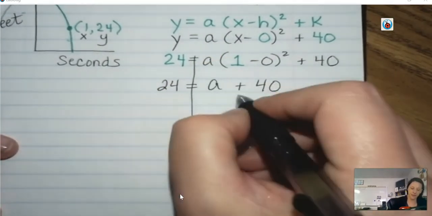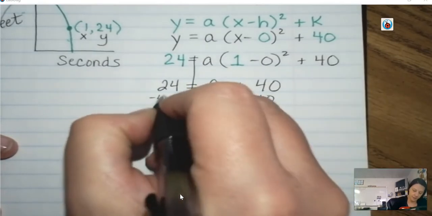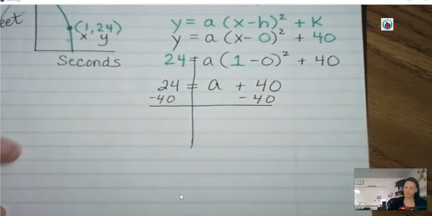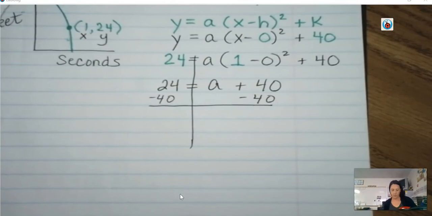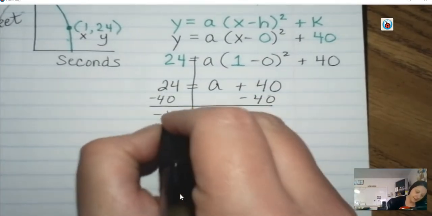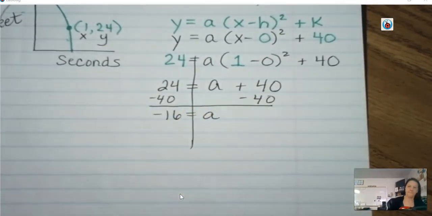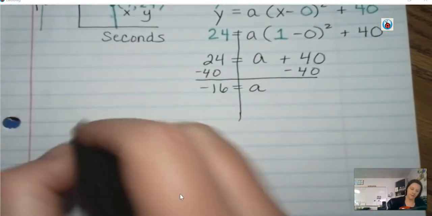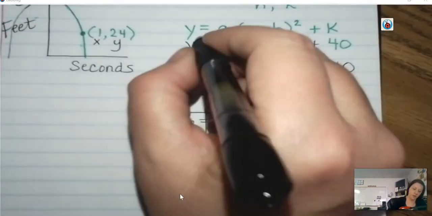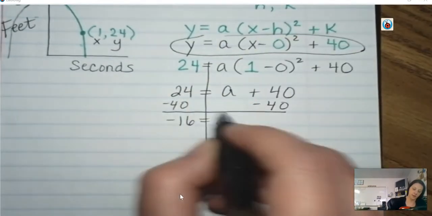To get a by itself, subtract 40. 24 minus 40 is negative 16. And then write your equation. So you're going to use this with this a value in there.